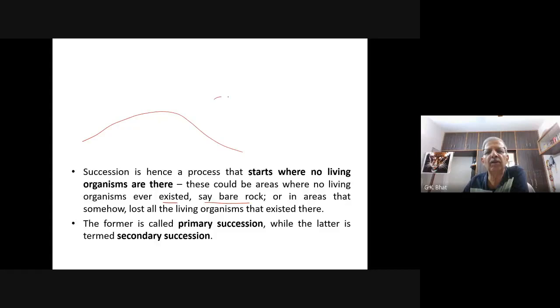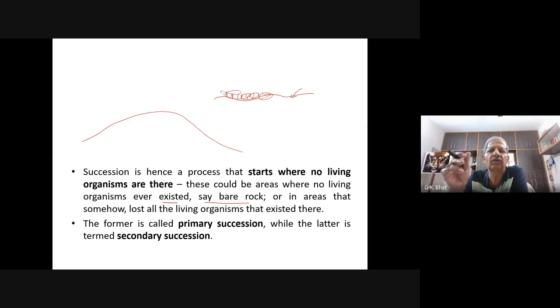Or succession may appear in an area where some organisms were there. Because of some natural calamities, these organisms got totally removed, and succession may start in that place again. So therefore, succession is basically of two types.